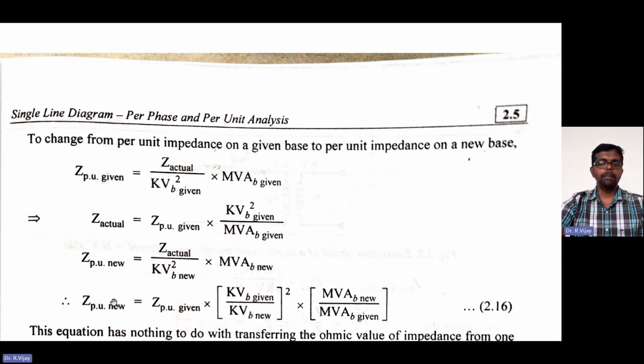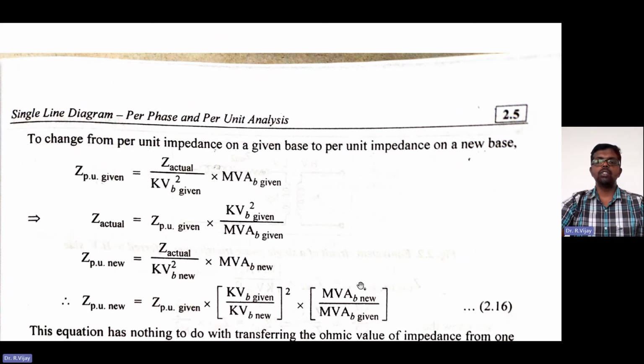So we are calculating Z per unit new is equal to Z per unit old into KVB old divided by KVB new, the whole square, into MVA base new divided by MVA base old. This is the formula for calculating the Z per unit new. That is, Z per unit new is equal to Z per unit old into KVB old divided by KVB new, the whole squared, into MVA base new divided by MVA base old.